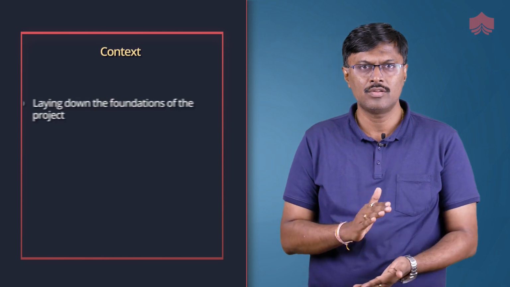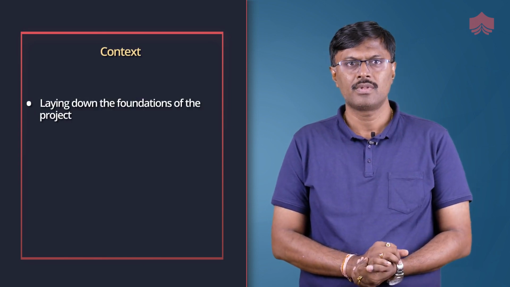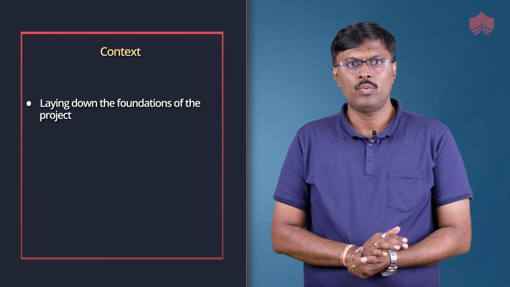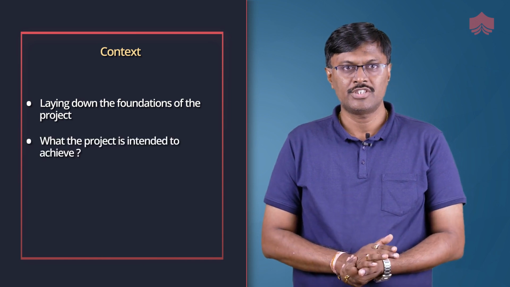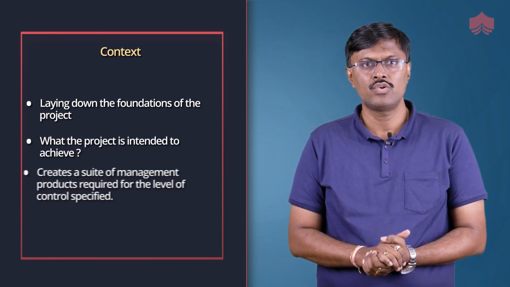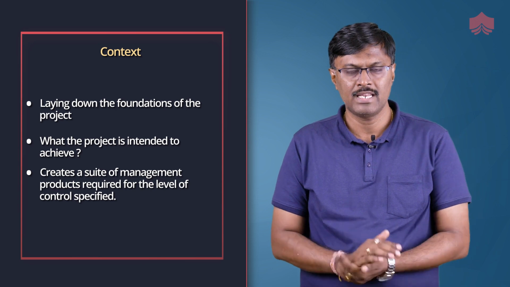Initiating a project process basically lays down the foundation of the project. It also provides what the project is intended to achieve, and creates the management products required for the level of control specified. Initiating a project activities.